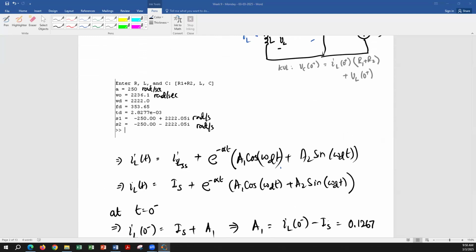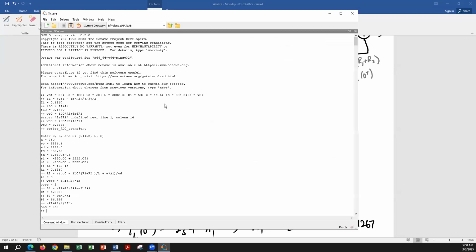So remember, R is R1 plus R2, right? So R1 plus R2 divided by 2 times L. Let me move this here so you can see. There you go. So it is coming out to be 250. At the bottom, you can see that. Let me make it bigger so everyone can see.